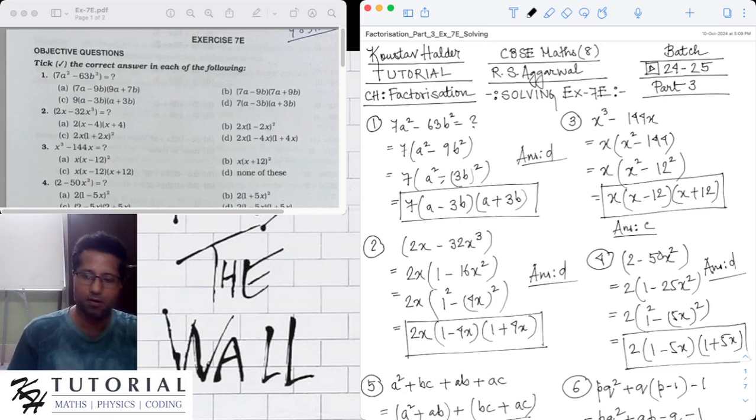So please look out for the other playlist, Maths 8 HOT, where I will soon prepare and solve 10 good problems on this chapter of factorization. So keep an eye on that playlist if you want to solve a little harder problems than what we have solved from the exercise of the textbook of author RS Aggarwal.